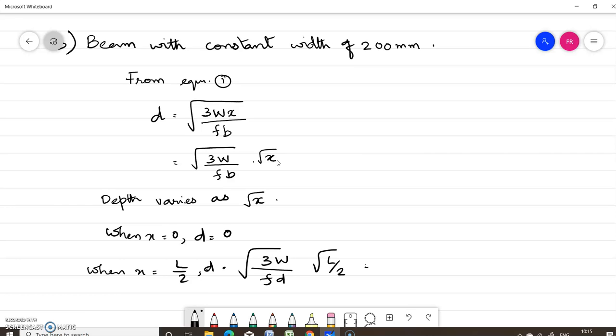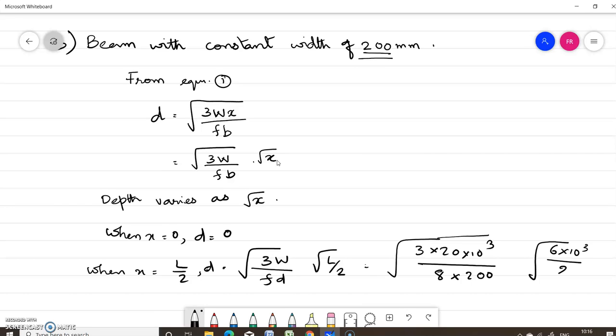So when you substitute the values, root of 3 into 20 into 10 raised to 3 divided by 8, F being 8 Newton per millimeter square, and width B given as constant 200 mm, into root of 6 into 10 raised to 3 by 2, you will get the value as 335.41 millimeter.